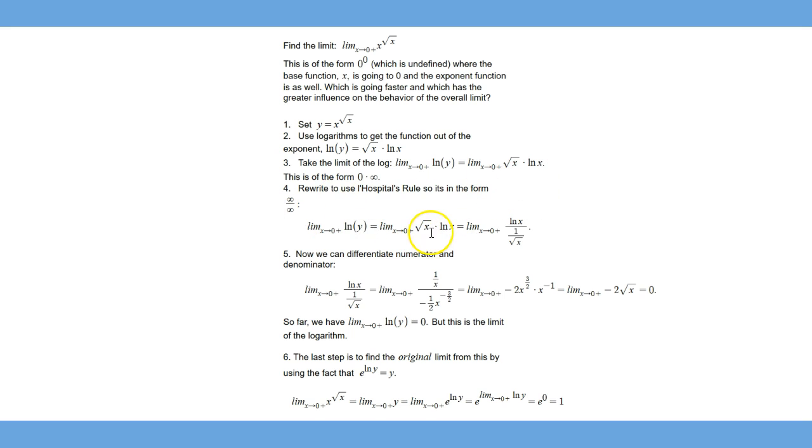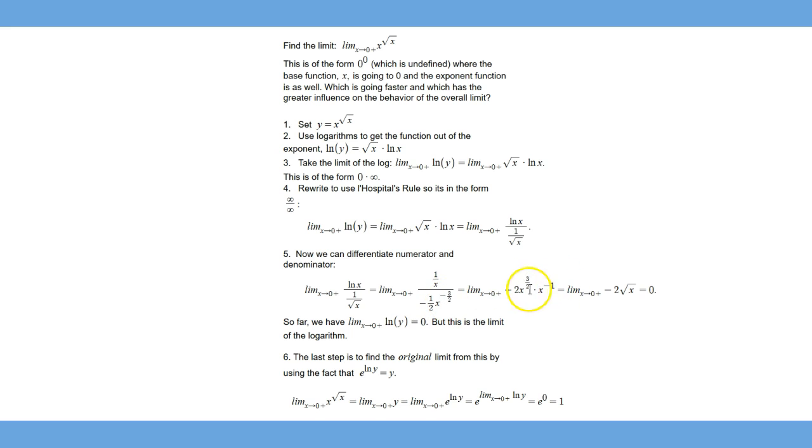If we rewrite the square root of x times ln of x as ln of x over 1 over the square root of x, then the limit as x goes to 0 from the right is of the form infinity over infinity. So we can use L'Hopital's now that we've put it in this form. We differentiate the numerator and denominator, and I end up with the limit of 1 over x over minus 1/2 x to the minus 3/2.